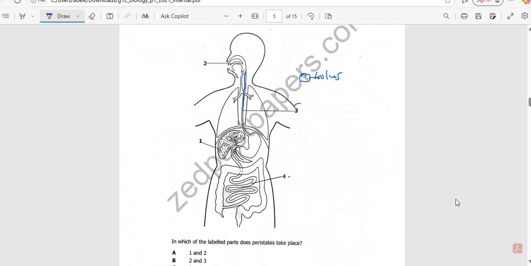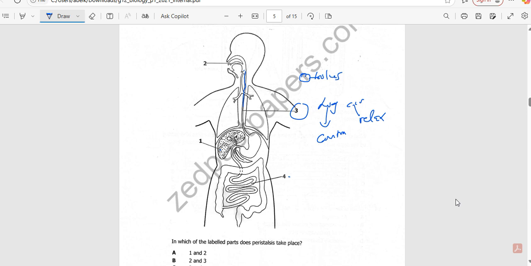This bolus is the one that should be pushed down after being chewed into this tube called the esophagus. In the esophagus, we have two types of muscles: longitudinal muscles and circular muscles. When the longitudinal muscles contract, the circular muscle will relax.